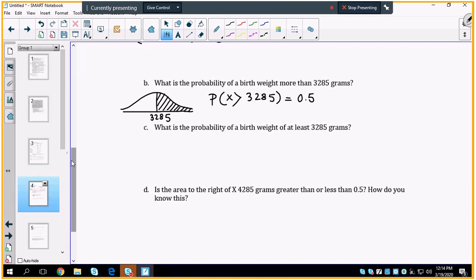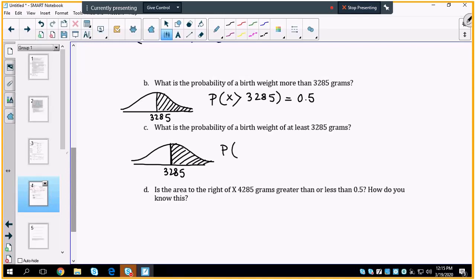What is the probability of a birth weight at least 3285 grams? So again, normal distribution, bell curve, mandatory. You draw it all the time. At least 3285 means either I am equal to 3285 grams or I am greater than 3285 grams. So how do I write it in notation?